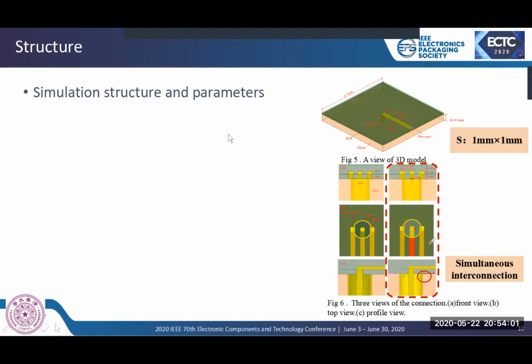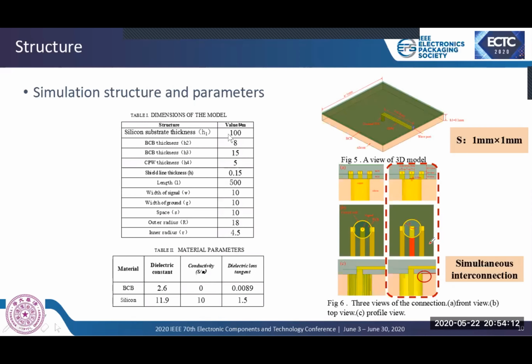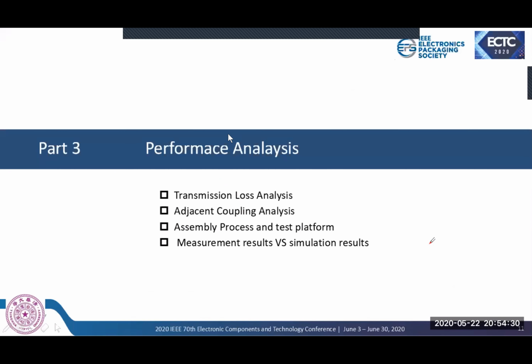As shown in Figure 5, both modules have an area of 1 mm by 1 mm on a silicon substrate with 100 micrometer height. The dimensions of the module are summed up in Table 1. The material parameters can be checked in Table 2. We set the thickness of the shield line as a variable for further analysis.